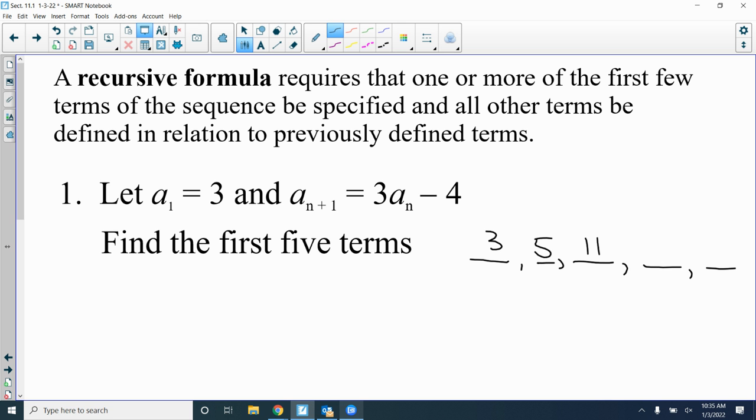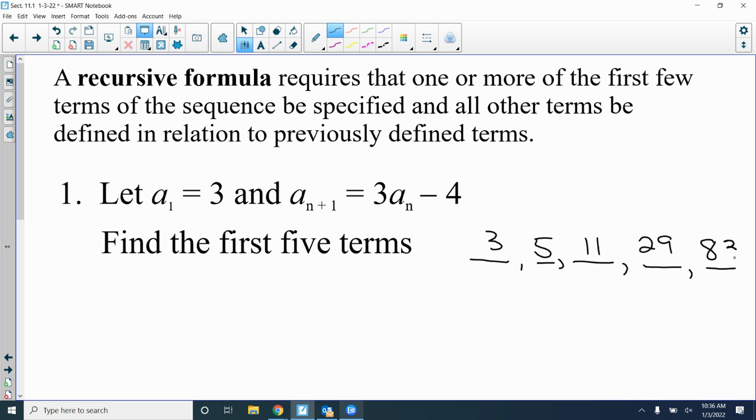What's the next term? And it's gone. Poof. 29. What's the next term? Now we're getting some big multiplication here. 83, I think so.